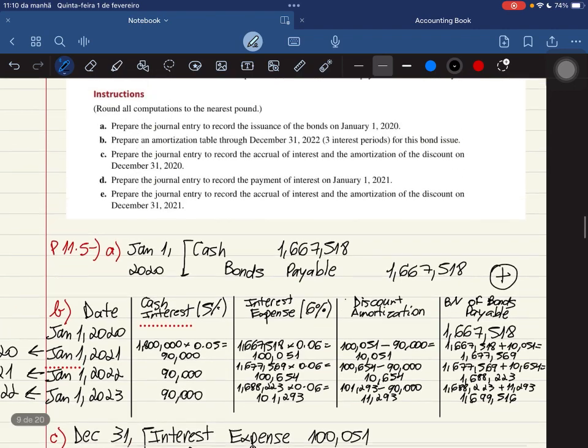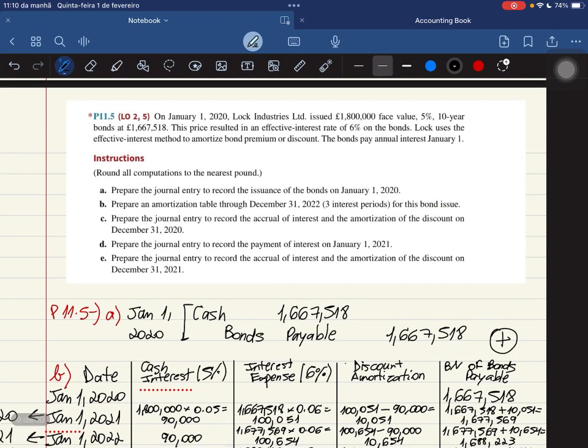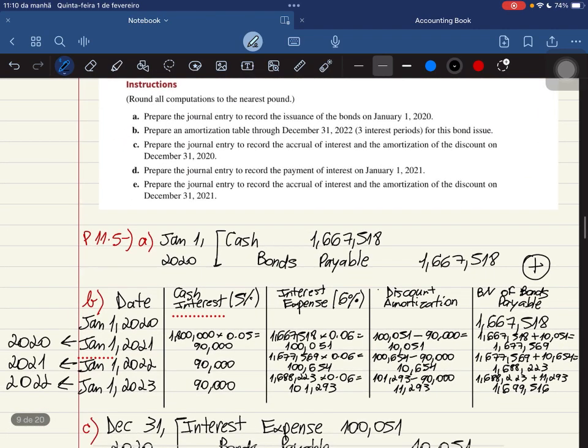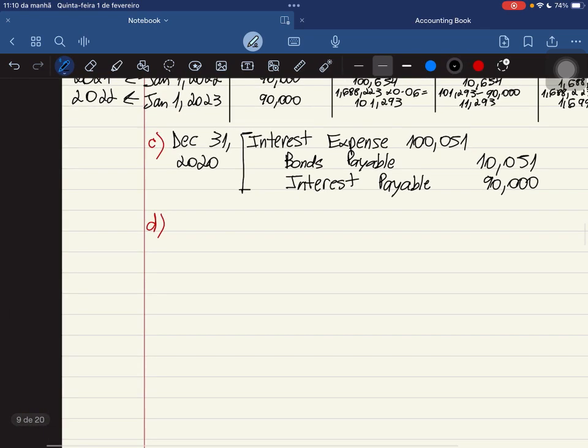D. Prepare the journal entry to record the payment of interest on January 1st of 2021. Well, payment of the interest is just a regular payment. And on January 1st, no interest has been accrued, right? So you're just going to record the regular interest. So on January 1st of 2021, we are just going to have the regular interest.